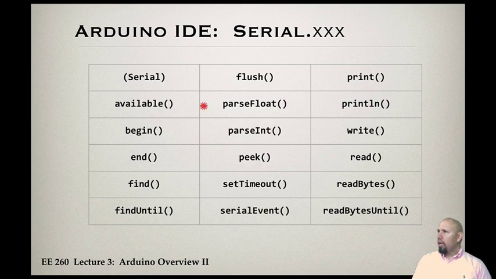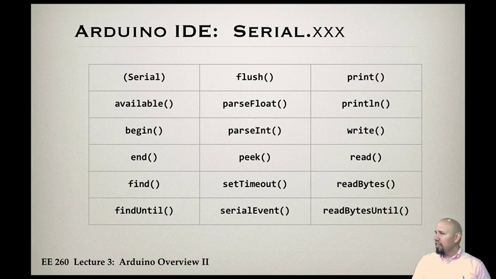There are a number of functions that can be used for working with serial. Some of these are pretty straightforward, like print. Print allows you to actually send data out the serial port, like a whole string of information.